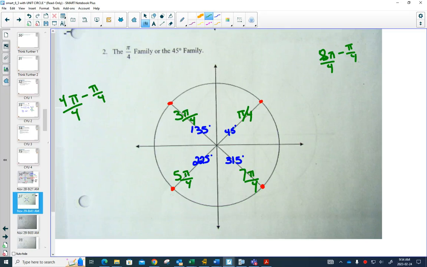Now, all right, so now we need to figure out how are we going to find these coordinates, the x coordinate and the y coordinate for these points without a calculator.